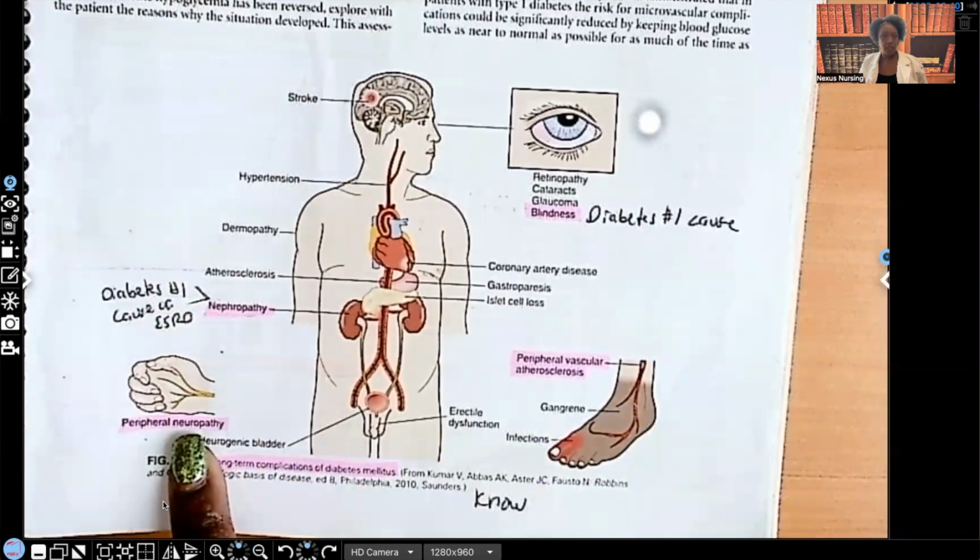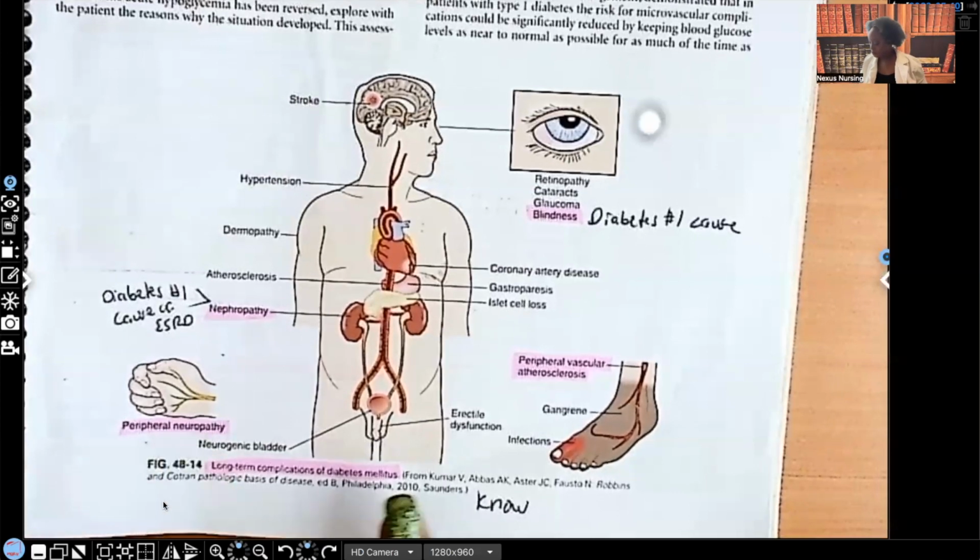Peripheral neuropathy. And this is why I did that whole teaching on foot care and making sure that the water's not too hot. The patients tend to lose feeling in their lower extremity, in their fingertips. And so it may be easy for them to get infection, not even know it, or be burned and not even know it.